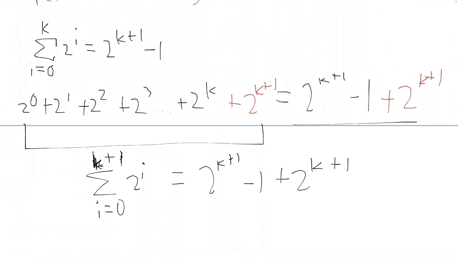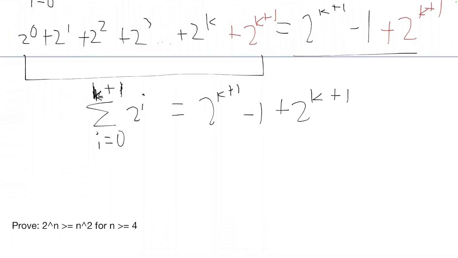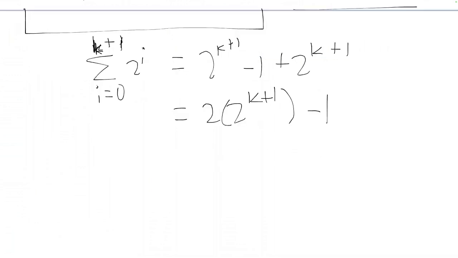Now, notice anything familiar? We can actually factor out our 2 raised to k plus 1. So this simply becomes 2 times 2 raised to k plus 1 minus 1. And from here, through the laws of exponents, remember, 2 times 2 raised to k plus 1 is simply 2 raised to 1 times 2 raised to k plus 1.